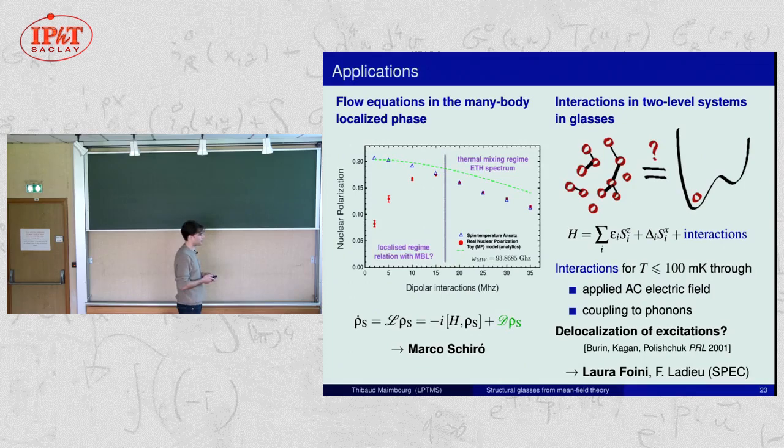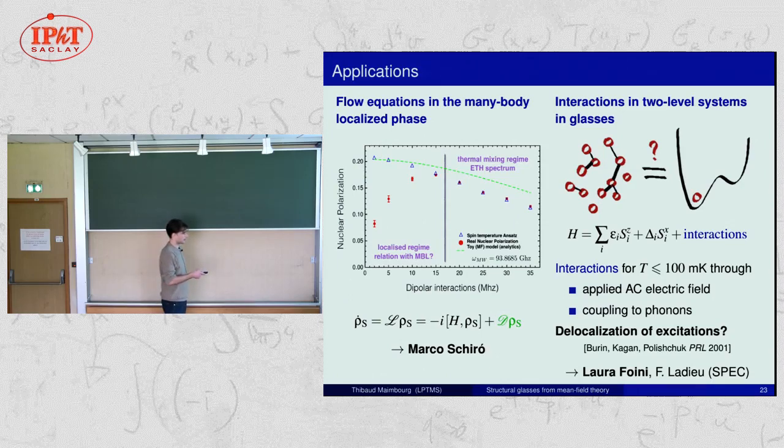They arise, for example, due to the coupling to the phonons, which makes an effective coupling between the two-level systems. Or, in experiments, they typically probe the system through an oscillating electric field, which makes the interactions a bit stronger.